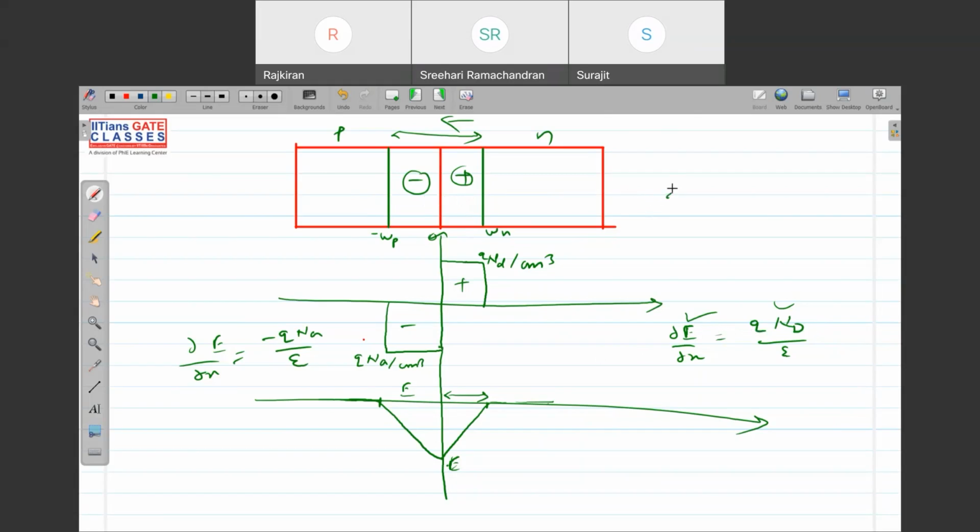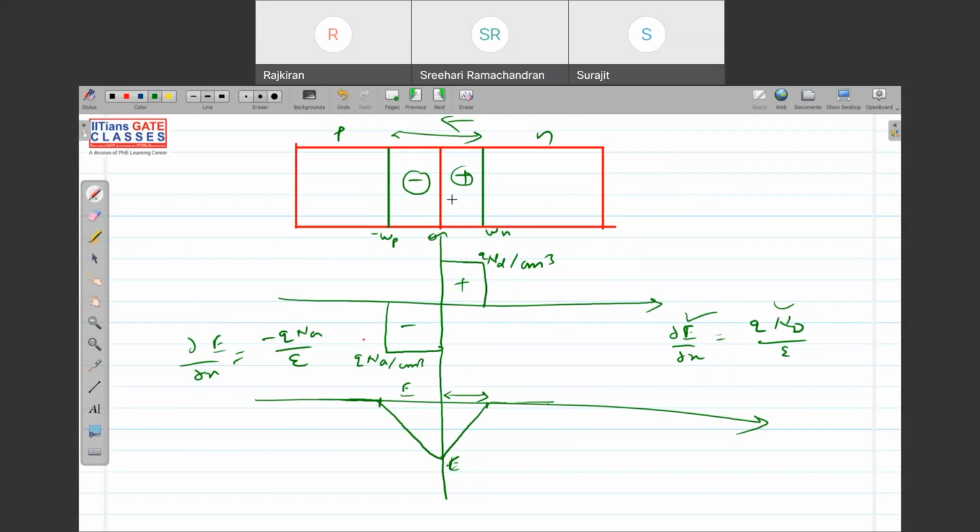The number of positive charges equals the number of negative charges on the P side. That tells me the electric field is continuous only if both meet at this point. Clear? Charge equality will hold.